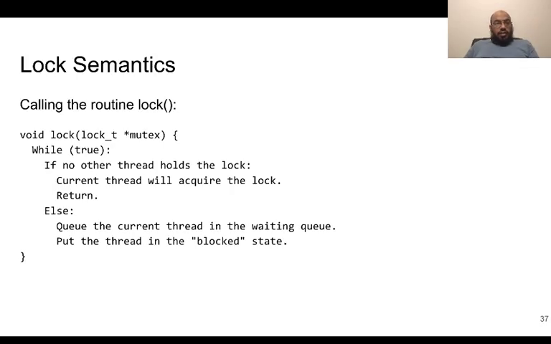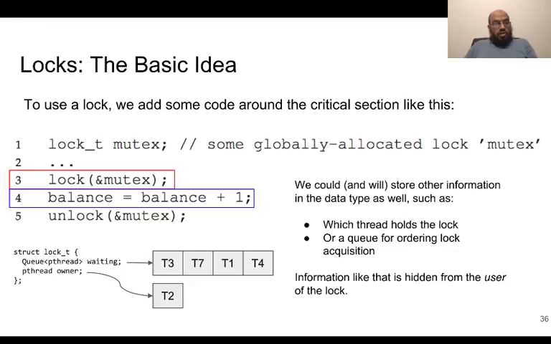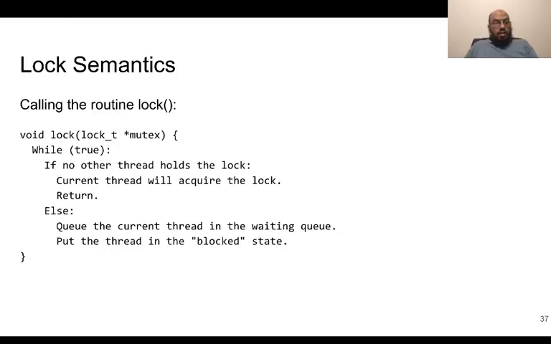So the lock semantics, this is basically how the lock is implemented. So void lock, it does not return anything, and the lock function takes basically a pointer to the lock that you created, just like here, for example, where you have initialized the lock and then passed the pointer to the function. Then while true, if there are no other threads that are holding the lock, if the lock is free, then the current thread acquires the lock, and the lock function will return.